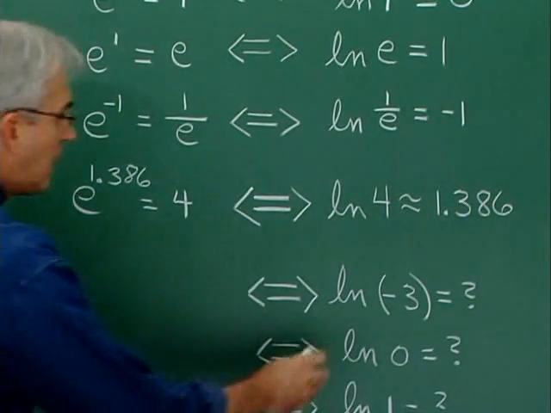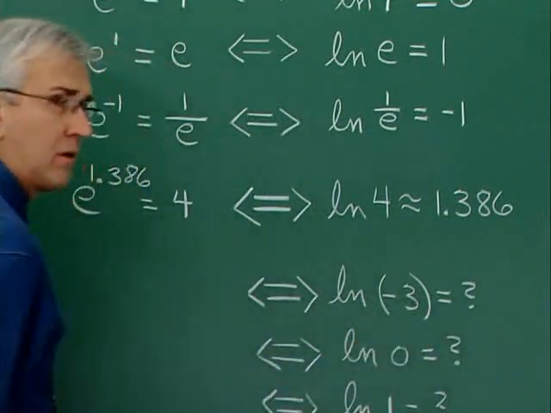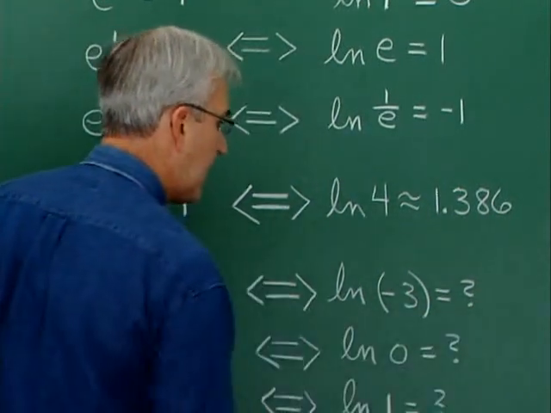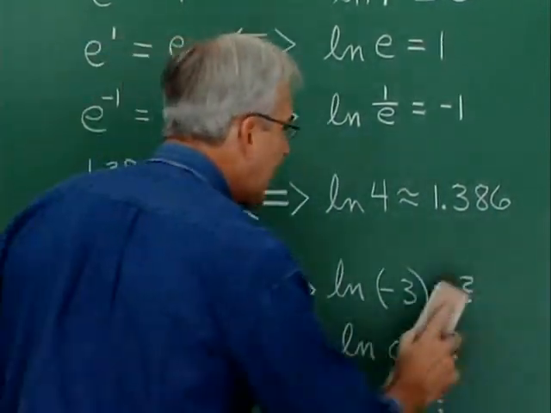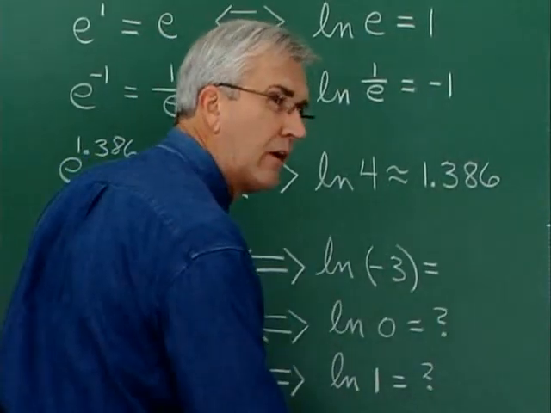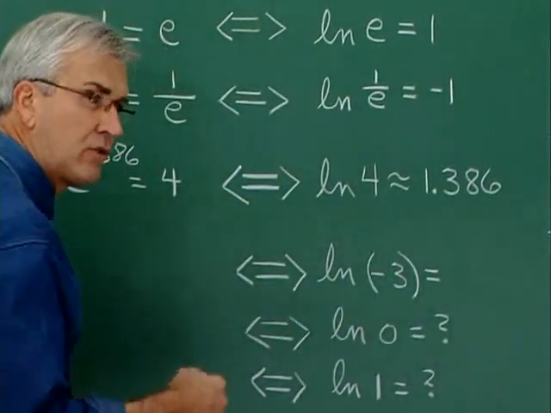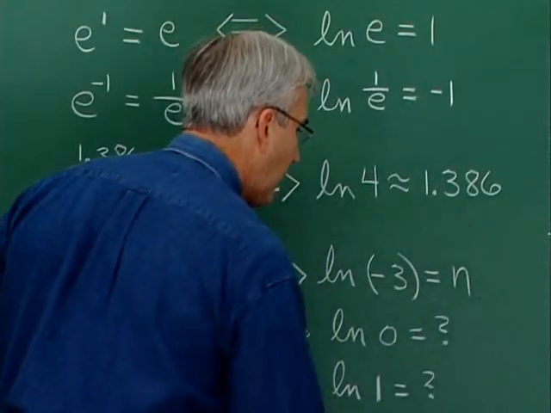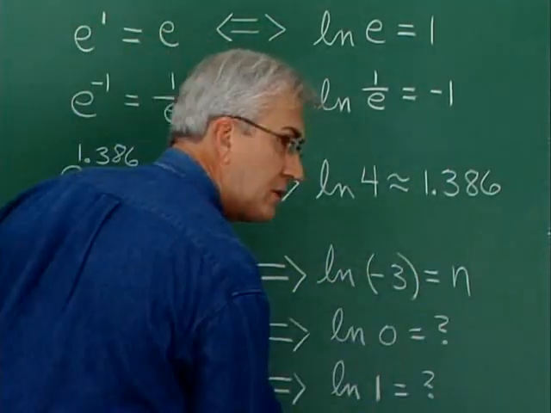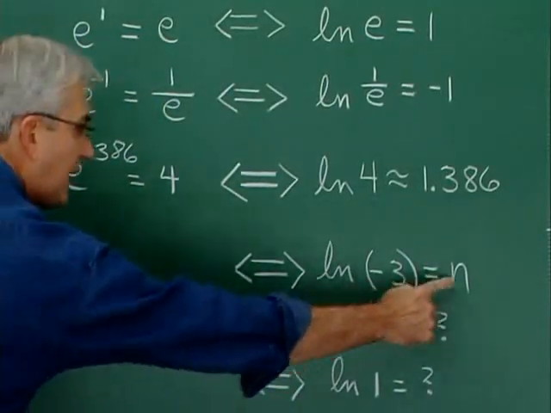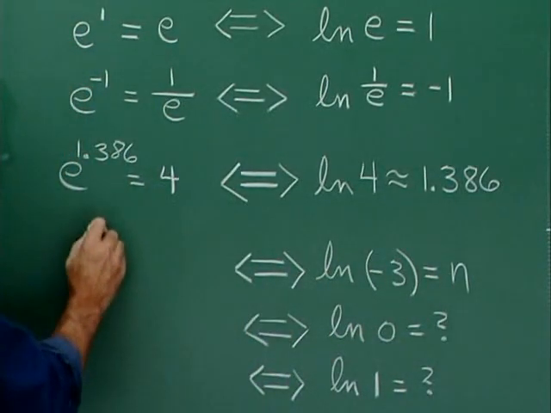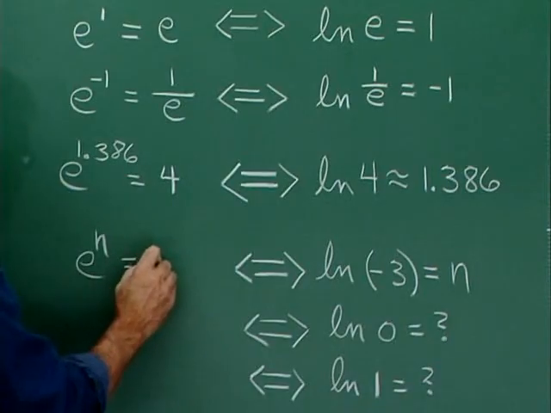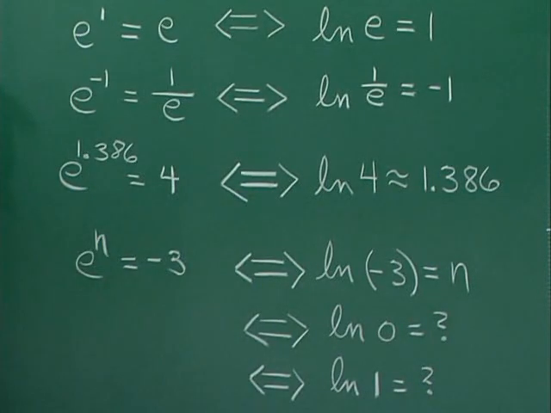Now what about the natural log of a negative number? What would that end up being? Well, let's put a variable in here and write it in exponential form and see what this gives us. Let's write this as ln of negative 3 equals n. What number goes here? We would have e to the n power is equal to negative 3, and we're looking for the value of n.